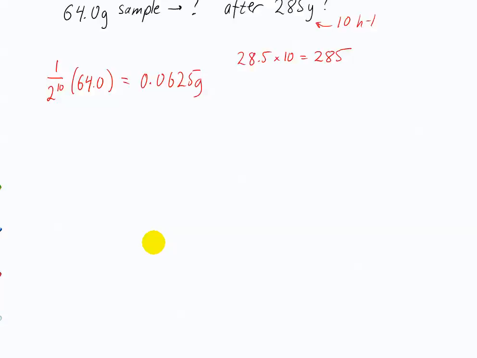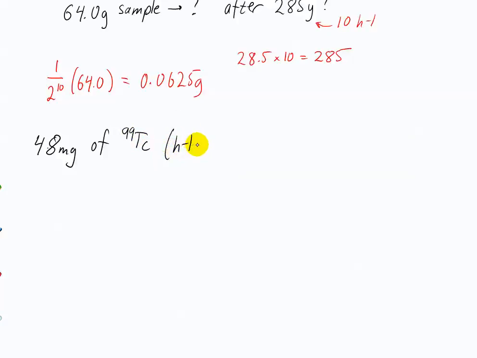Okay, so here's one about brain cancer. A patient is given 48 milligrams of technetium-99, which is a radioactive element, number 43.